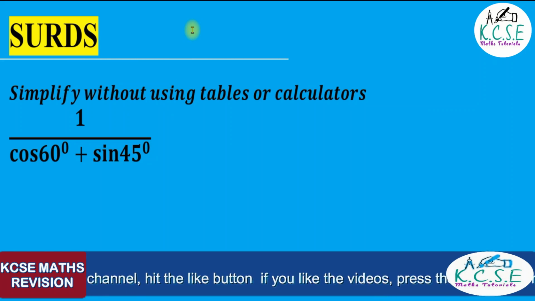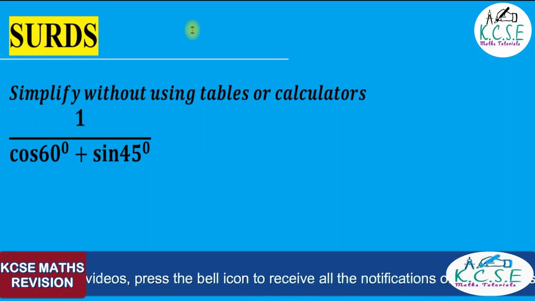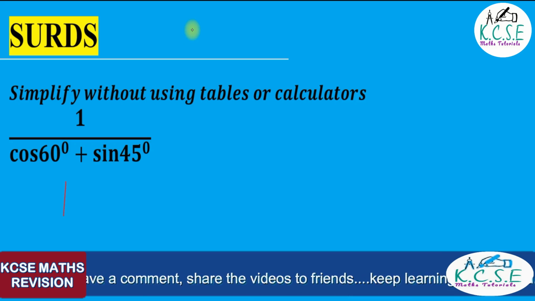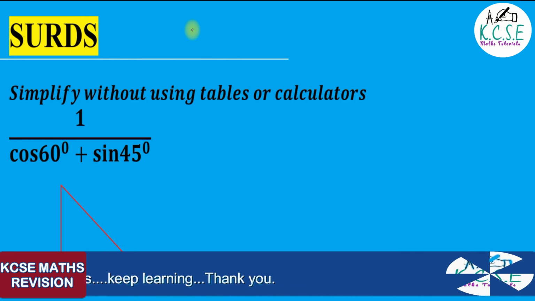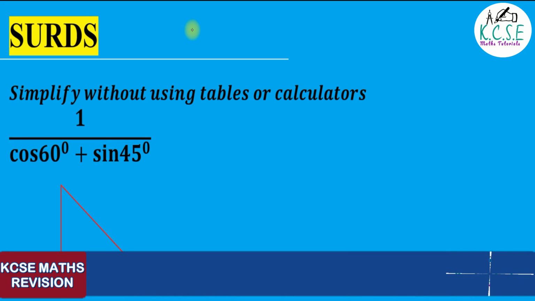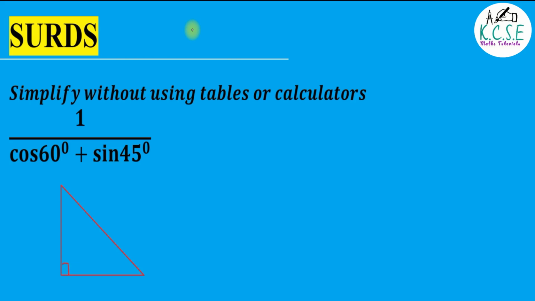One triangle you're going to use is an isosceles right-angled triangle. That is what you're going to use.